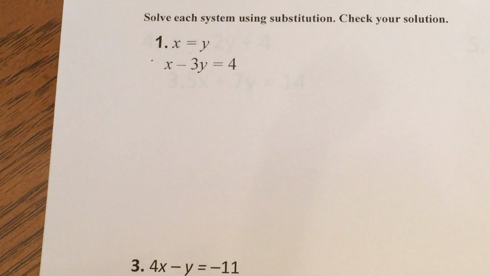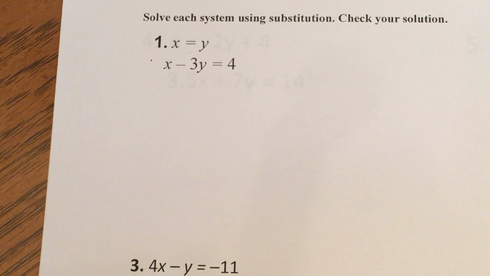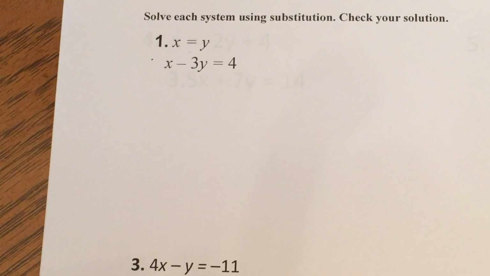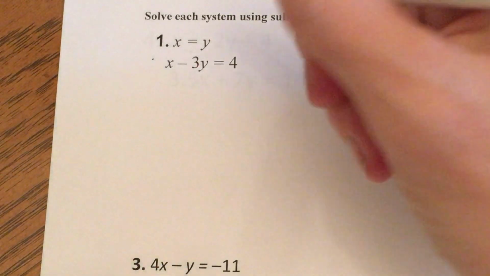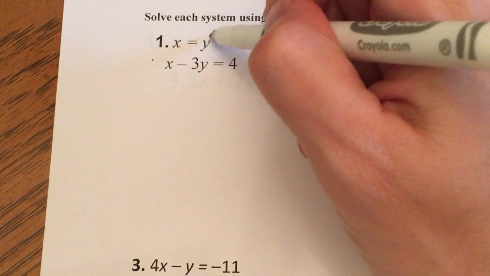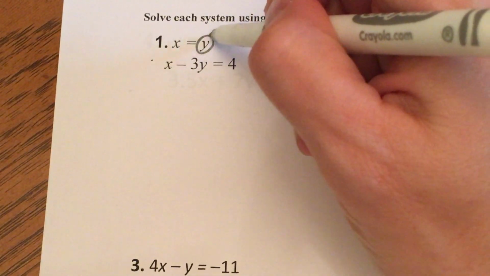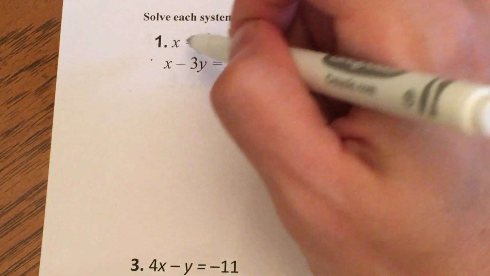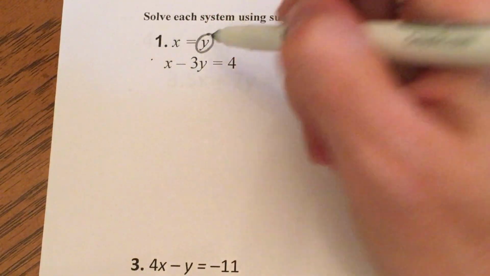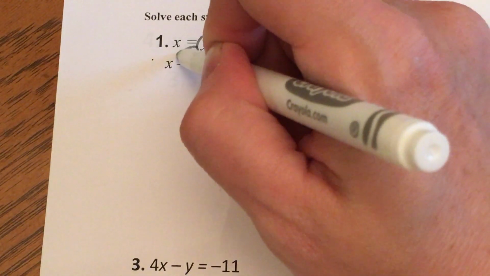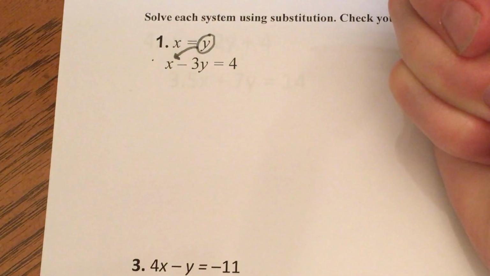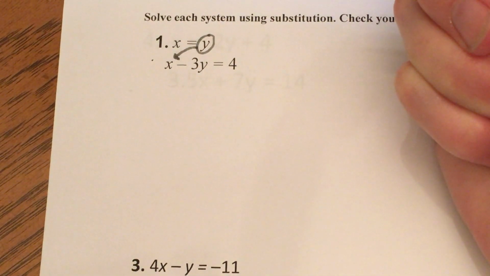Step 2 says plug the step 1 equation into the other equation for its solved variable. All right, so let's circle up what's on the right. And this is an x equals. So I am going to replace the x in the other equation.